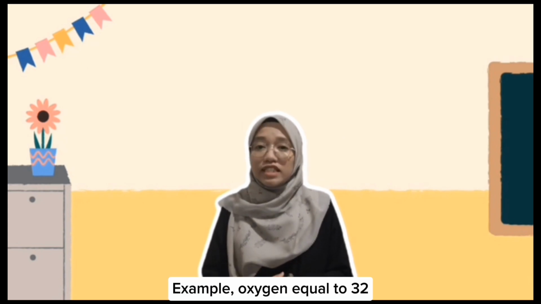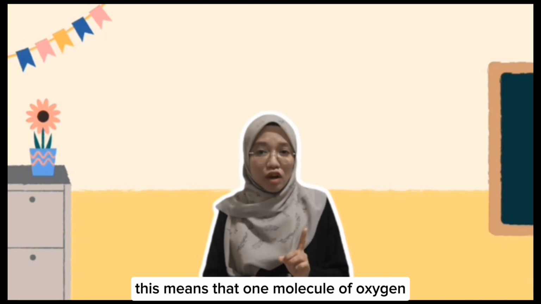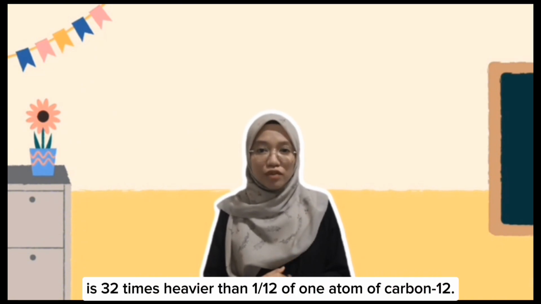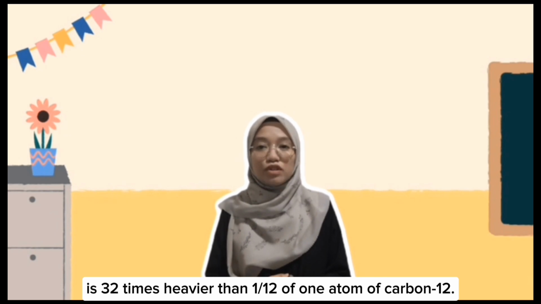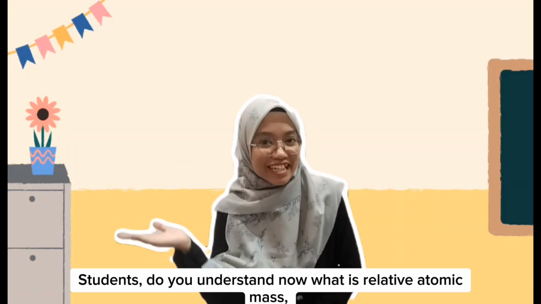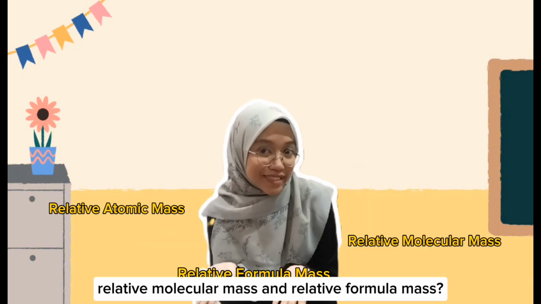Example, oxygen equals 32. This means that one molecule of oxygen is 32 times heavier than 1/12 of one atom of carbon-12. Students, do you understand now what is relative atomic mass, relative molecular mass, and relative formula mass?